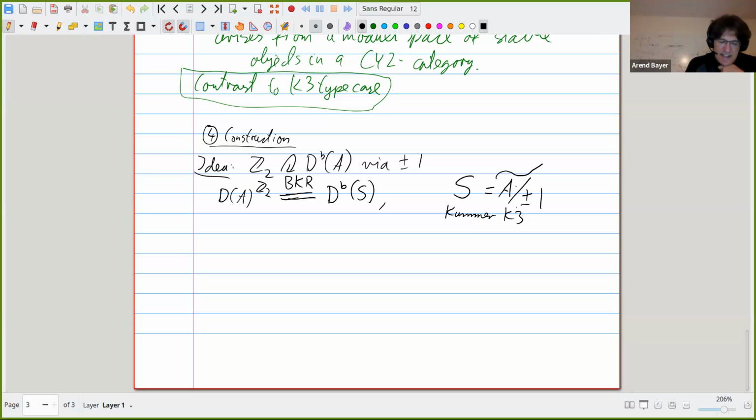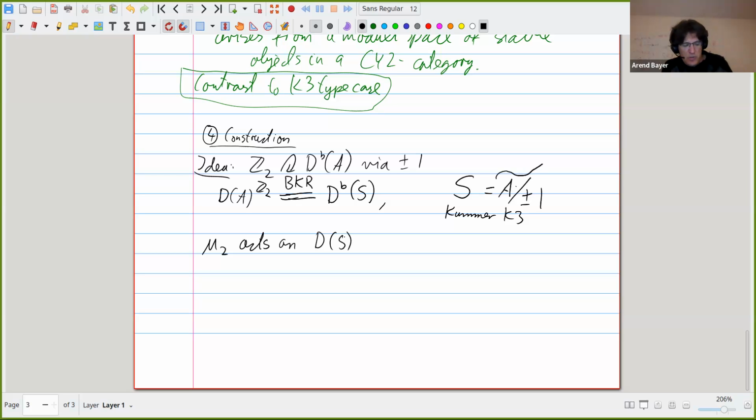And then there is a residual action. Whenever you take the equivariant category with respect to a finite abelian group, then the dual finite abelian group, that I'll insist on writing mu2 here, even though of course I'm aware that in our setting mu2 and Z2 are canonically isomorphic, but I find it helpful to distinguish the two, acts on D(S).